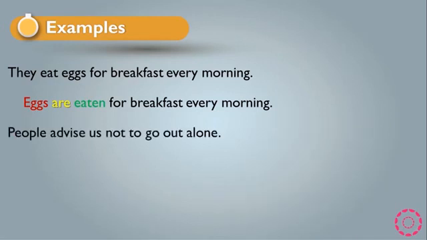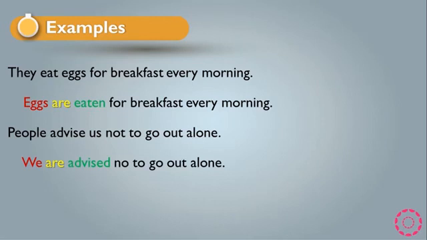Another sentence: people advise us not to go out alone. The passive sentence will be: we are advised not to go out alone. As you see, we have us here, and us is an object pronoun, so we cannot use an object pronoun at the beginning, so we have to change it to a subject pronoun, and the subject pronoun of us is we, and with we we have to use are, and advise is the verb, so you have to change it to PP, our past participle, so it became advised.